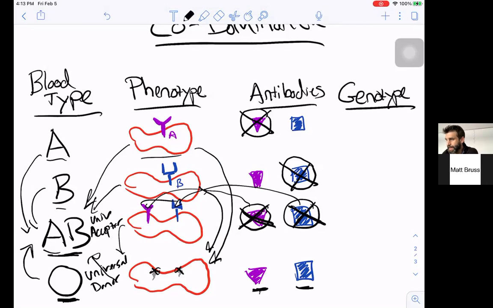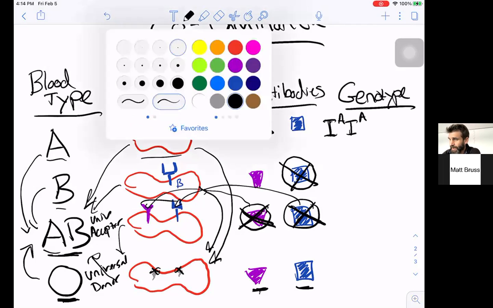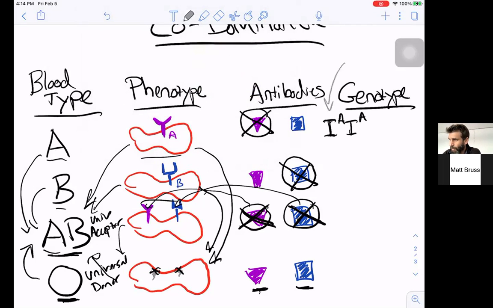And for A, there's two ways to be blood type A. You could have gotten the A version from both your mom and your dad. And that's how we write this, with this I and then the capital A. And this I stands for immunoglobulin, and that's the name of the protein that's produced. So the I comes from immunoglobulin.